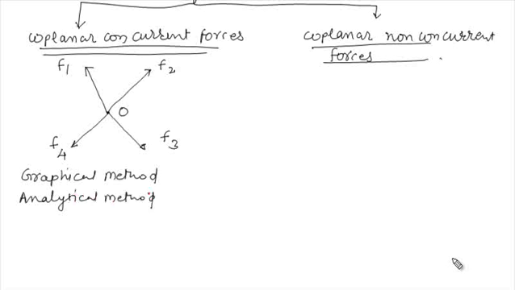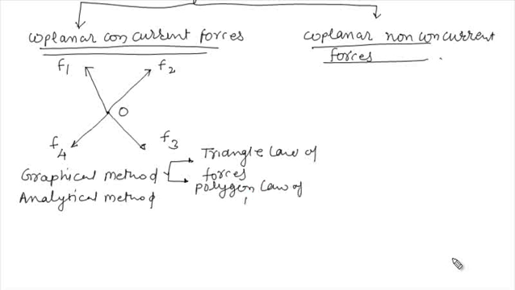In the graphical method for coplanar concurrent forces, we have the triangle law of forces and the polygon law of forces. I am not going into much detail of this graphical method because with the help of a graph we can solve it.